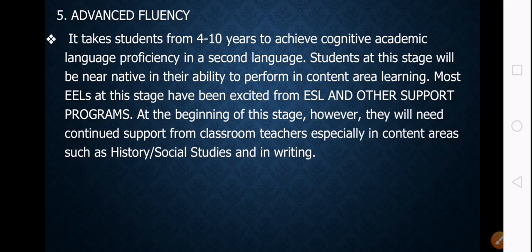Most ELLs at this stage have exited from the ESL and other support programs. At the beginning of this stage, however, they will need continued support from classroom teachers, especially in content areas such as history or social studies and in writing. So this is now the last stage.